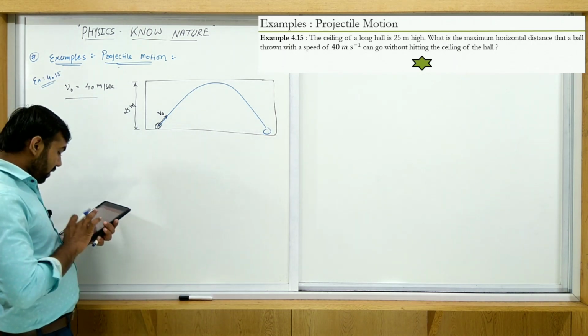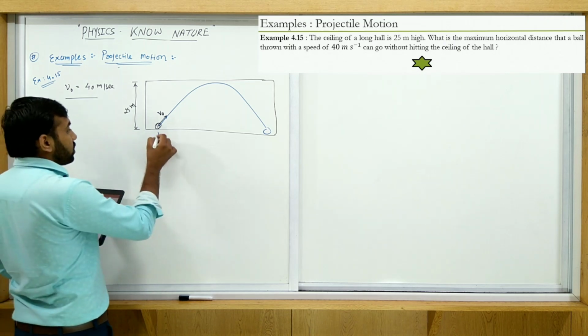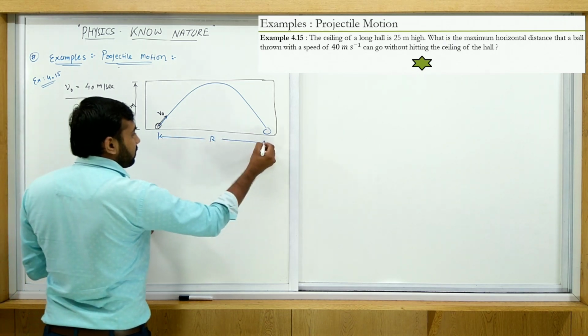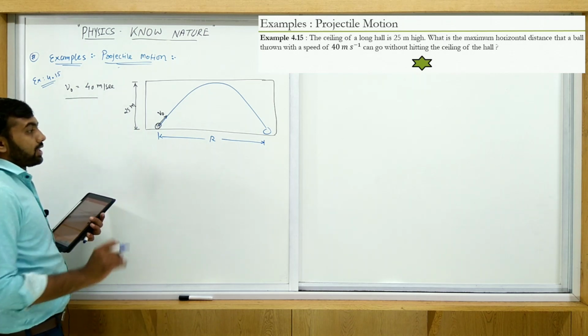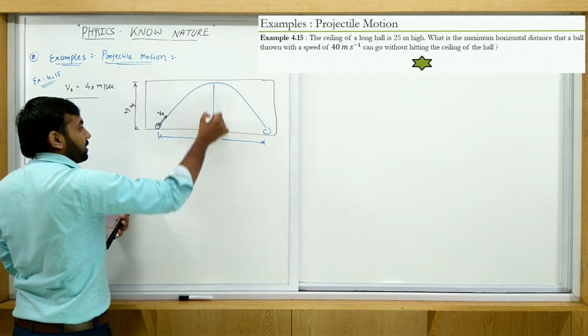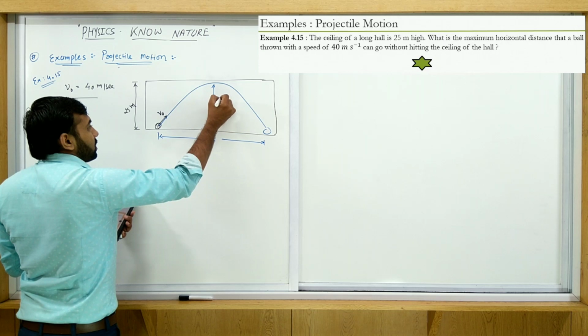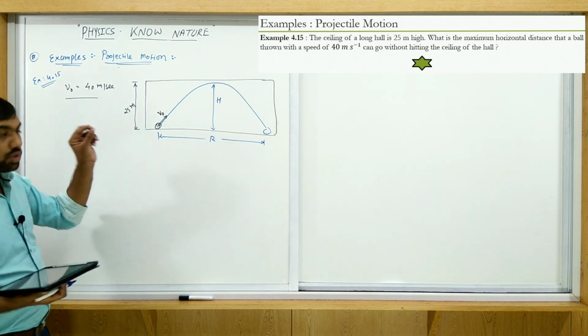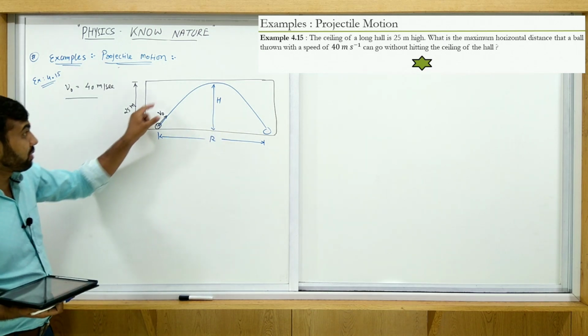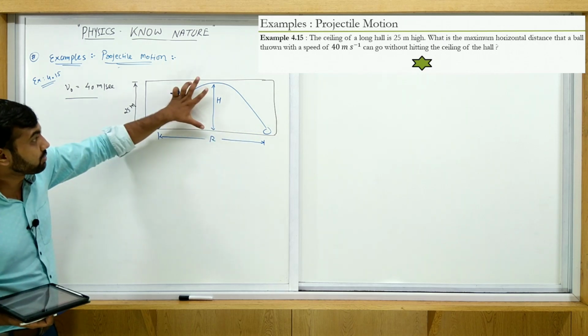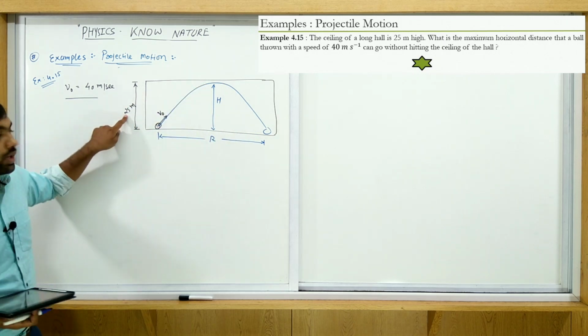What we have to find is this horizontal distance, which we generally name the range, and this height is called h. Right now you throw the ball in such a way that the maximum height of this path becomes capital H, equal to 25 meters.